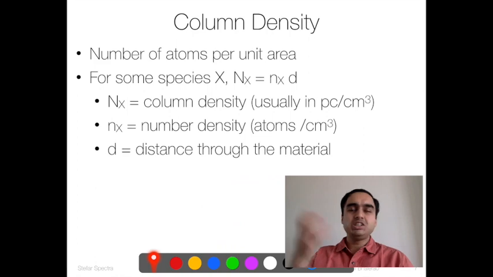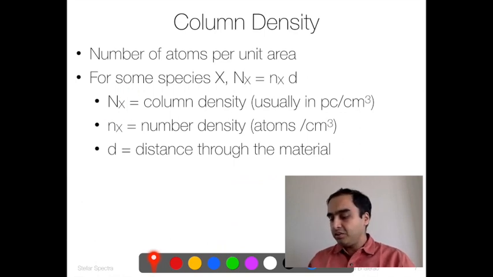If I have some species X, where X could be hydrogen atoms or dust particles or helium atoms or whatever, then the column density N_X is given by the number density, small n_X, which is simply the number of atoms per cubic centimeter, multiplied by the distance over which that material is spread out.